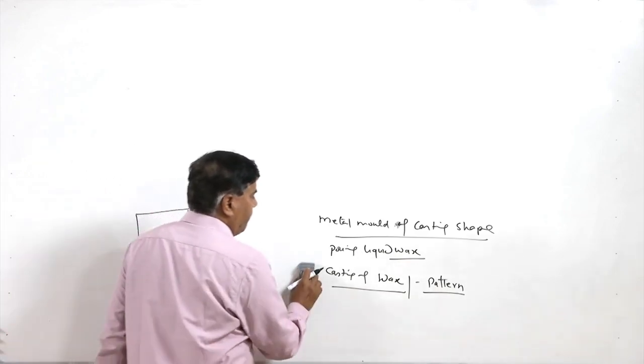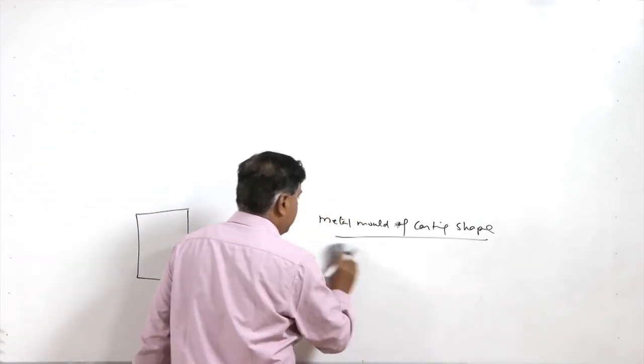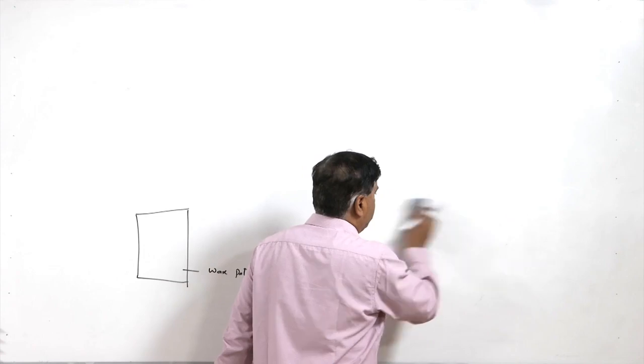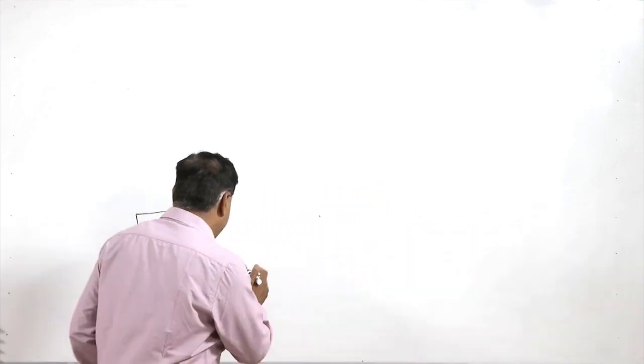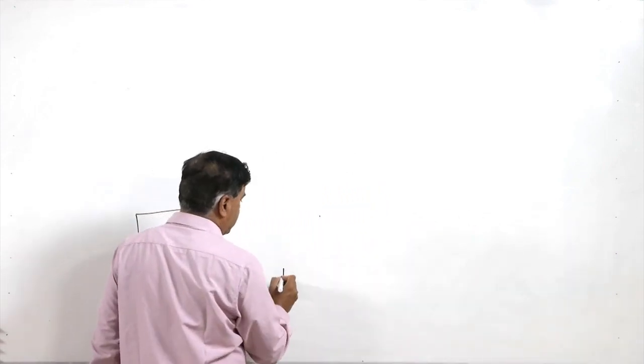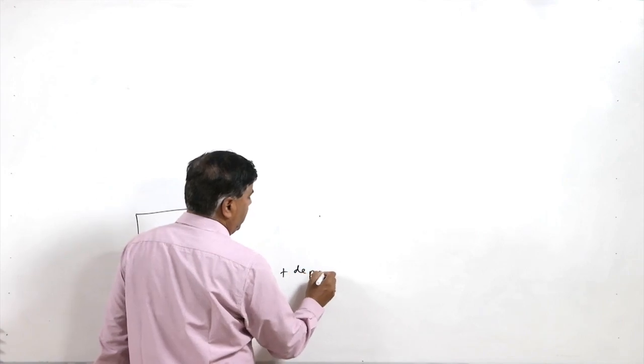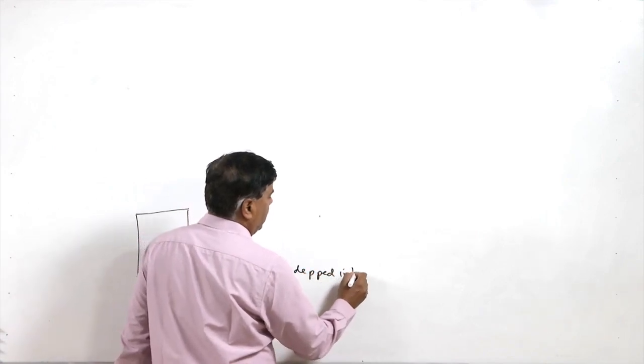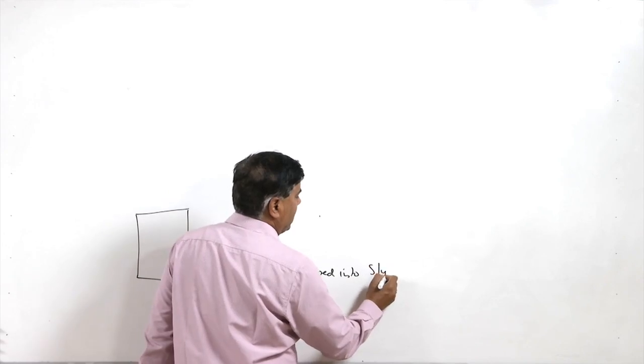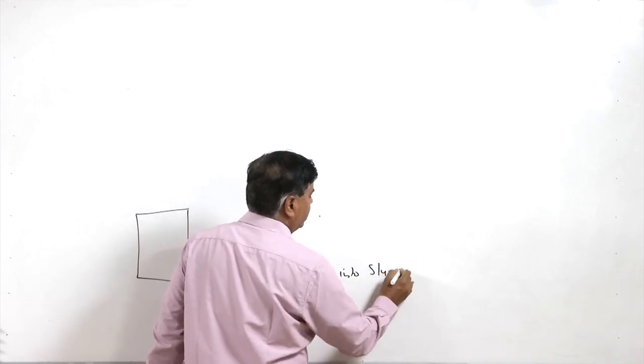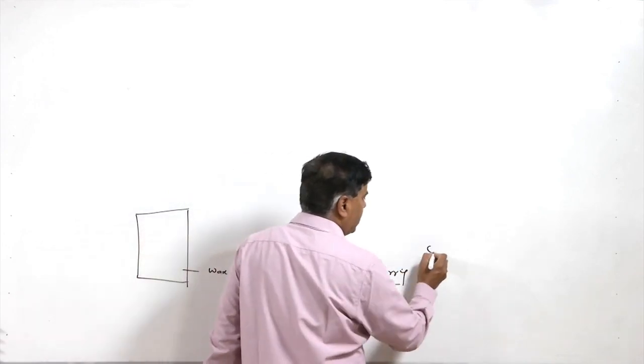Now, this wax pattern is dipped into a slurry. A slurry of what?